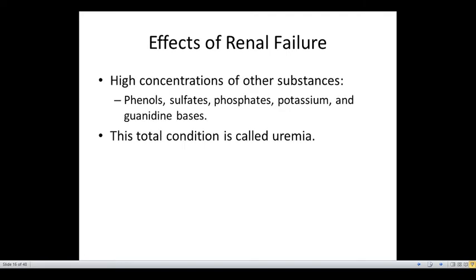In addition, high concentrations of other substances like phenols, sulfates, phosphates, potassium, and guanidine bases. Now, this total condition, edema, acidosis, azotemia, is called uremia because of the high concentration of urea in body fluids.